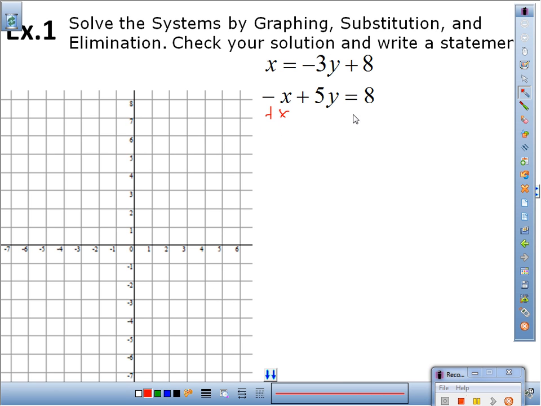Plus x to both sides. Let's do this together. Keep doing the steps as I do them. We bring down the 5y, equals x plus 8. Next step. Turn to your neighbor, let them know what to do next. Divide by 5.